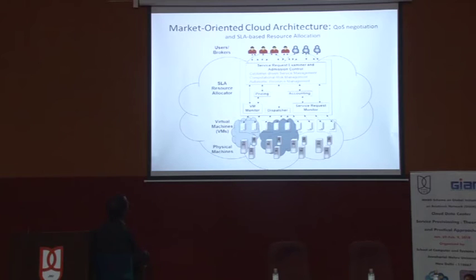Some providers use what's called spot pricing. I'll talk about all those things when we get there. The accounting component is needed because you have to pay for what you used, right? It's just like metering. And there is monitoring of service requests to ensure that the service level agreement is met.